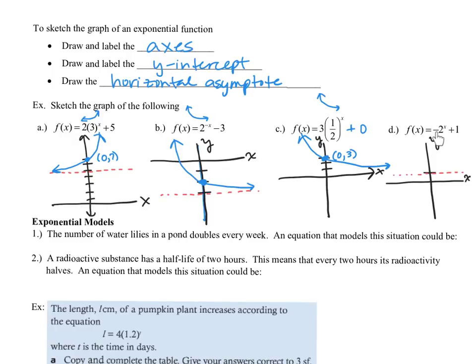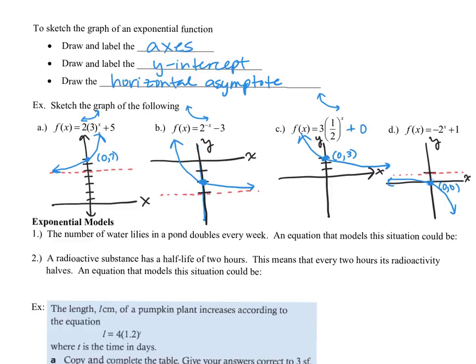Well, k is -1, and -1 plus 1 is 0. So our y-intercept is at the origin. And this is a function that has flipped upside down, so it's going to look something like that. And there's our y-intercept at 0, 0.